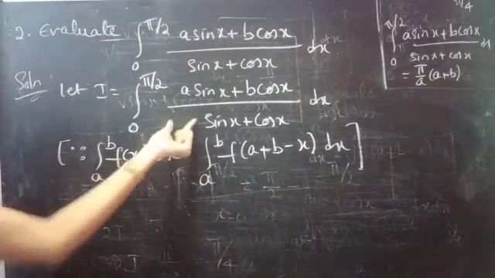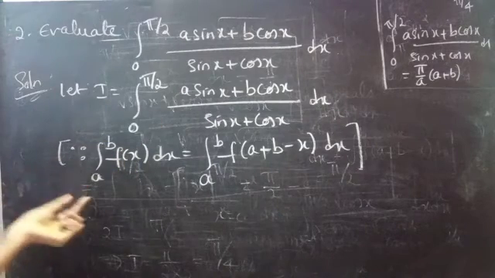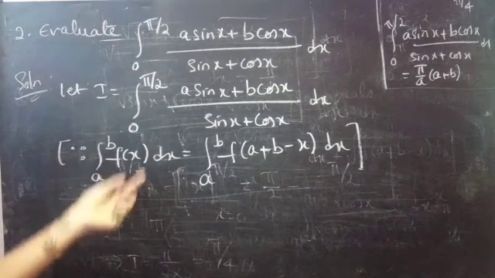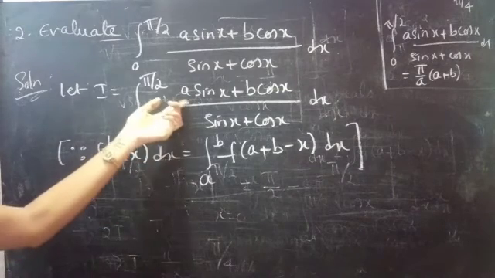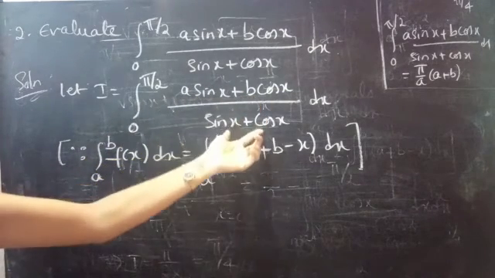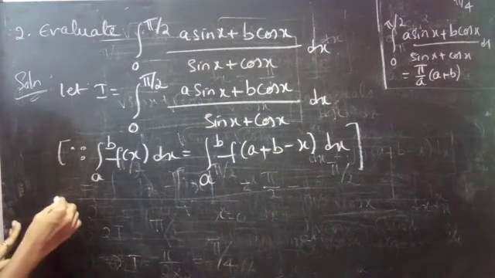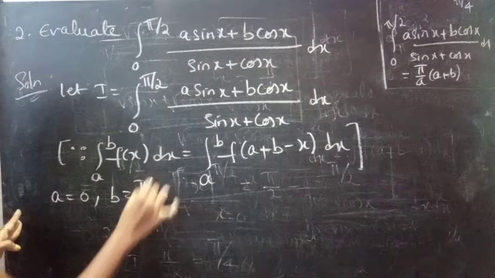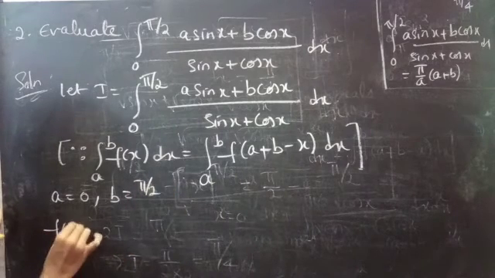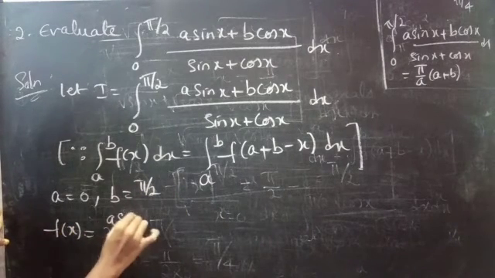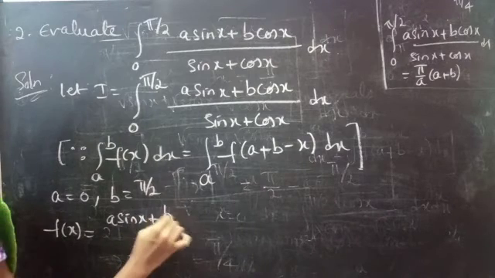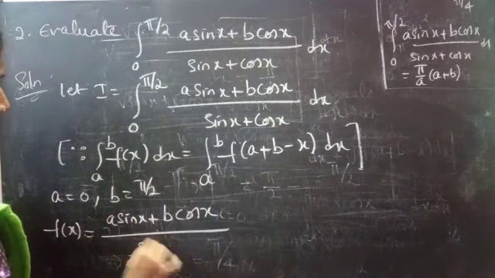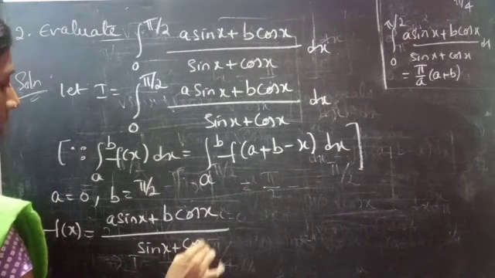If you compare these two, in the place of a you have 0, in the place of b you have pi by 2, and in the place of f of x you have a sin x plus b cos x by sin x plus cos x. So a equals 0, b equals pi by 2 and f of x equals a sin x plus b cos x by sin x plus cos x.